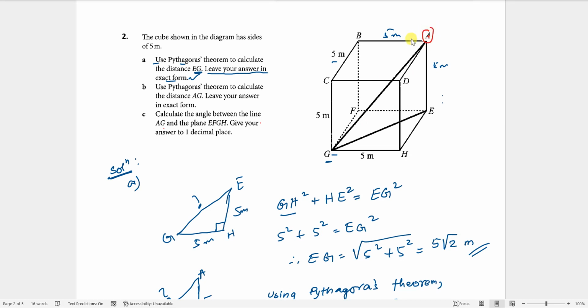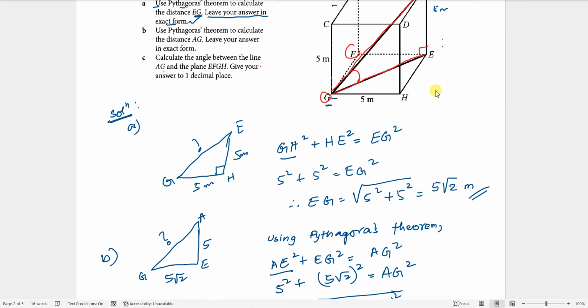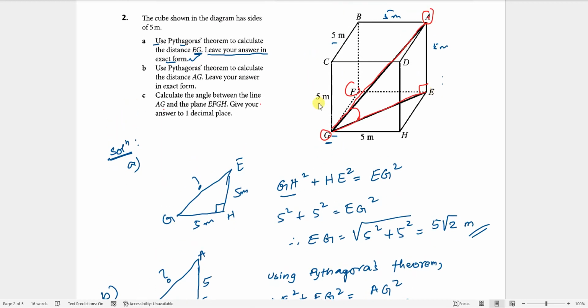This is A, this is G. So again, this line, and the plane EFGH. So that means they're asking us to find this angle here. So just like the previous question, this is 90. Let's make a simple diagram. So just to remind you again, this is 5 root 2 and this is 5 root 3 as we found earlier from the previous questions.